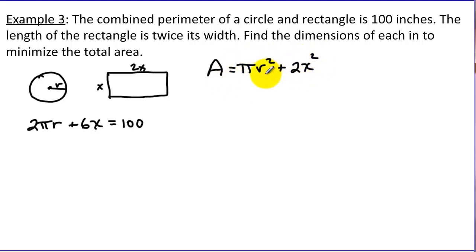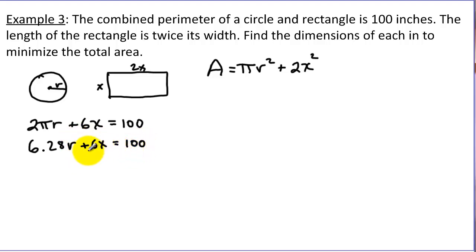So again, we've got two variables. So I have to solve this equation for either x or r, and I'm going to solve it for x. It's going to be easier if we convert this pi to a decimal number. I mean, we could do it with exact solutions, but it's going to make our math easier if we go ahead and convert to decimal.